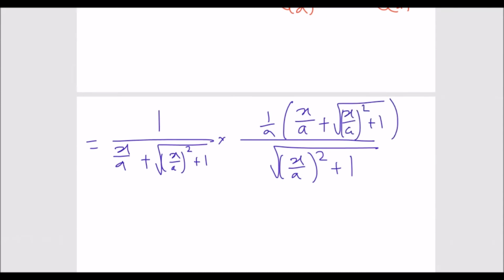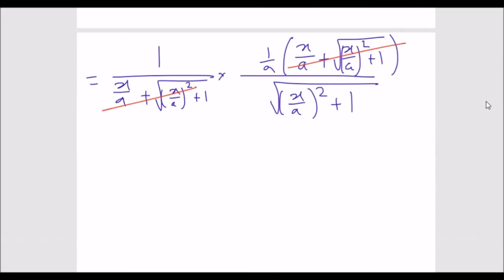And now we can just cross simplify. Changing color pen, this cancels with this, and that's it, guys. We can therefore say that the final solution will be 1 times 1 over a, over this term. So it'll be 1 over a all over the square root of x over a squared plus 1.